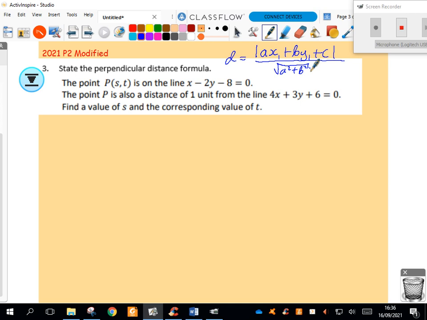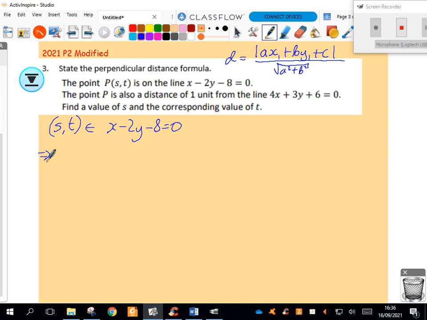The question says the point P, which has coordinates s comma t, is on the line x minus 2y minus 8 equals 0. The point P is also a distance of 1 unit from this line. Find the value of s and a corresponding value for t. The first piece of information says that s comma t is on the line x minus 2y minus 8 equals 0.